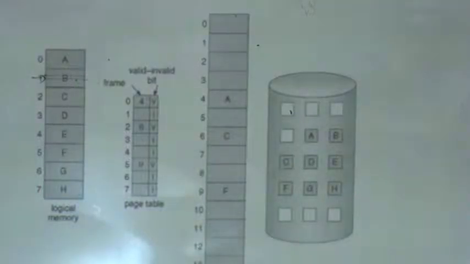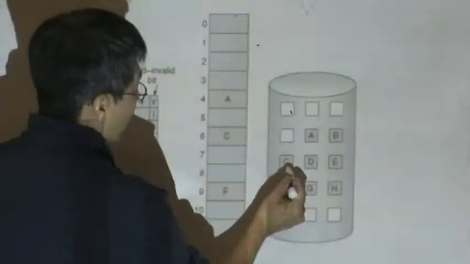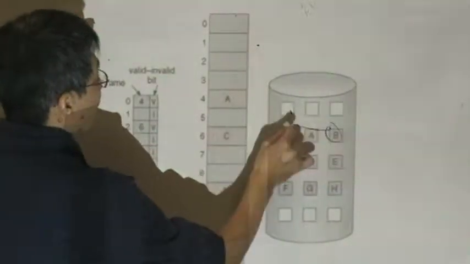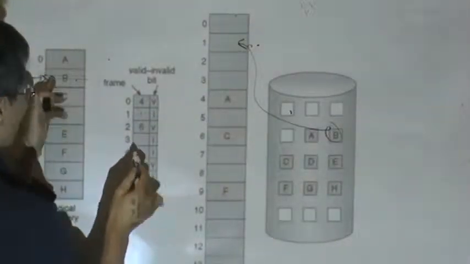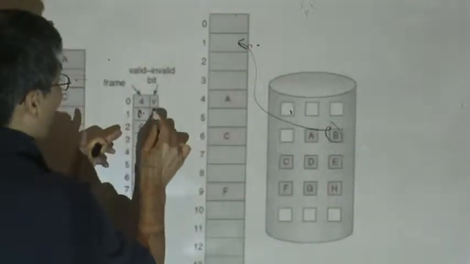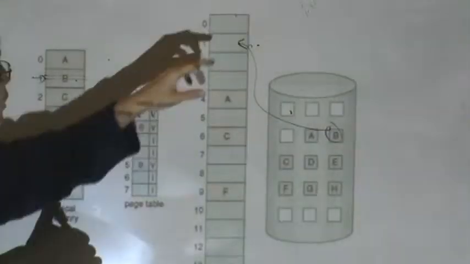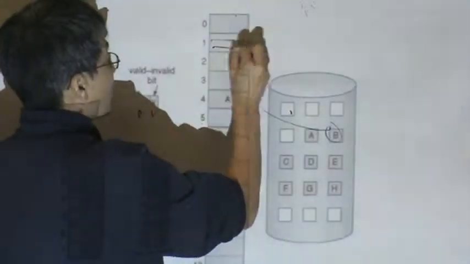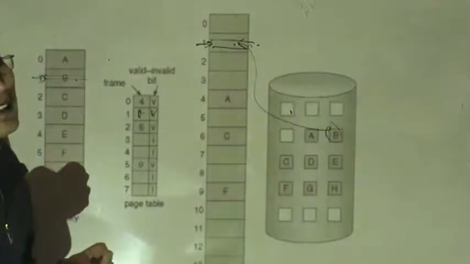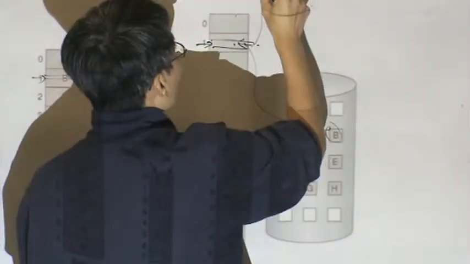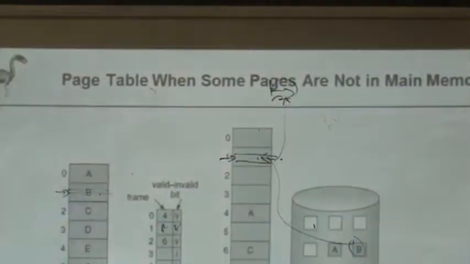The page fault is a trap. It starts, then loads B into the available space, sets B as valid in the table, and changes the value. Then the CPU can access the specific instruction address in page B, copy it to the register and operate. That is the page fault.